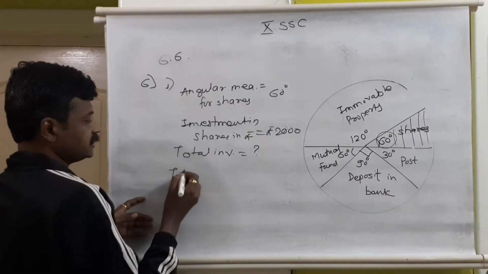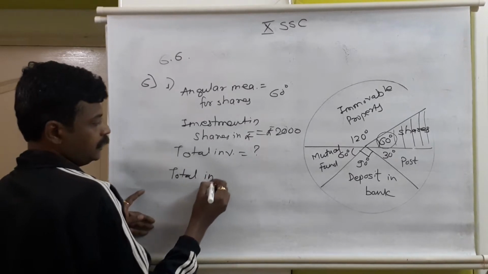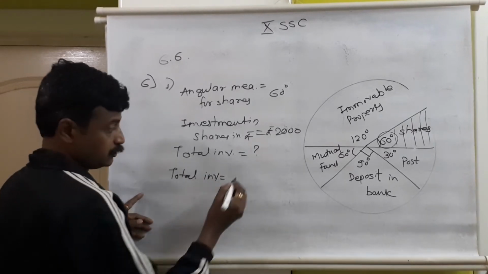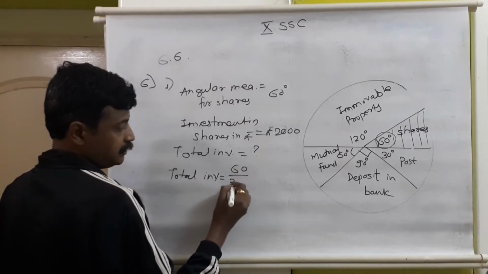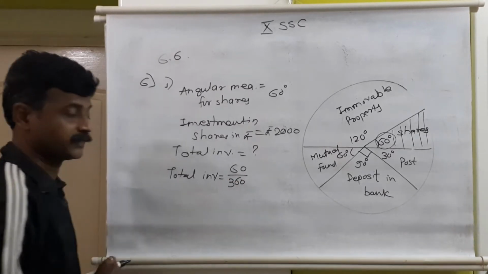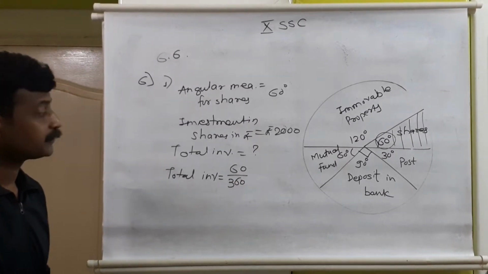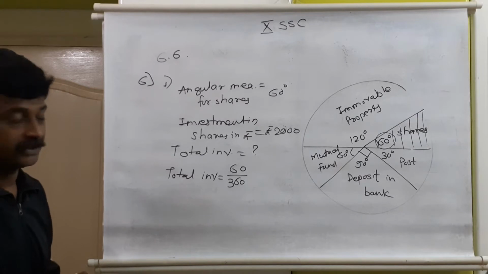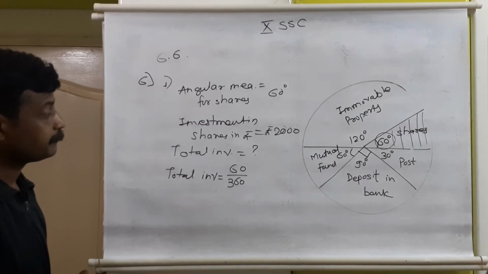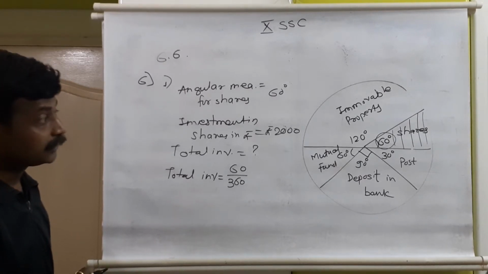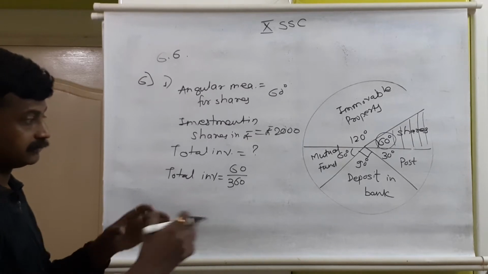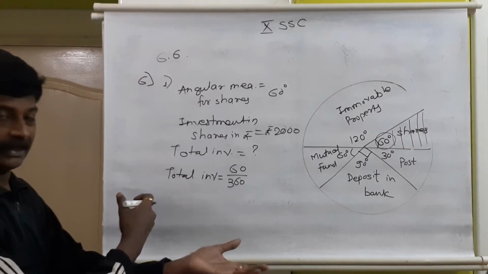Total investment is equal to 60 degrees out of 360. Then, if 2000 is provided to us, I will just explain aside, then we will come here.